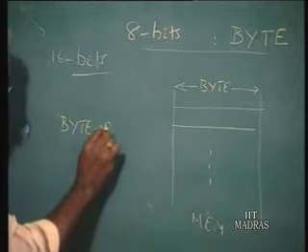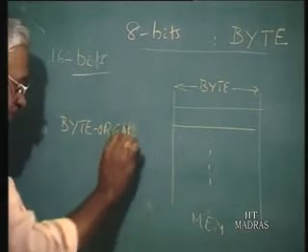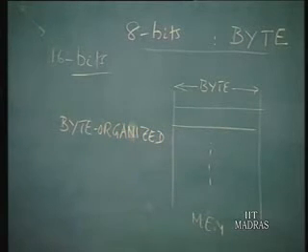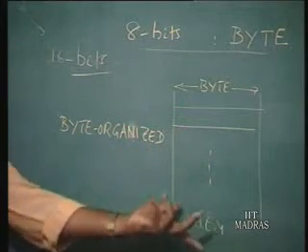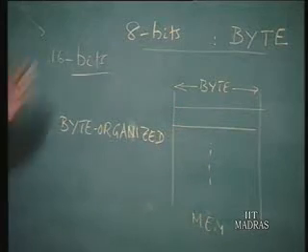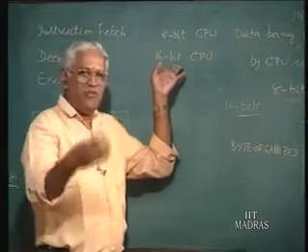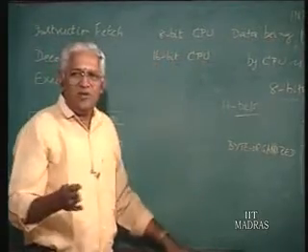Now why do we organize memory in this particular way? 8 is a very convenient figure. In case of more than 8, we talk about multiples of 8 bits. That is 1 byte, 2 bytes, 3 bytes, 4 bytes. So 8 bit, 16 bit, or generally 32 bit; 24 bit is also possible, but 32 bits, and so on.